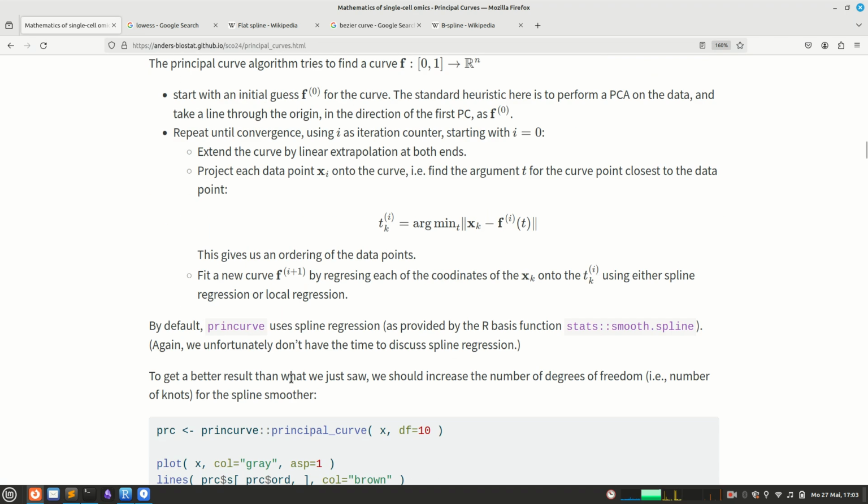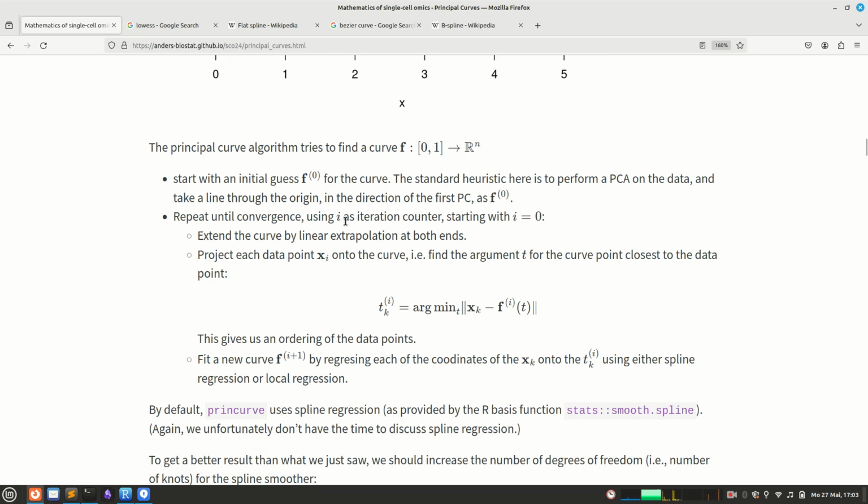Here is the overall algorithm for the principal curve. We want to fit a curve from the unit interval into our target space, R to the n, at the moment R to the 2, and afterwards R to the 30. And we start with some initial guess for this curve. A standard heuristic is simply to do a PCA and take a line through the origin as the starting point.